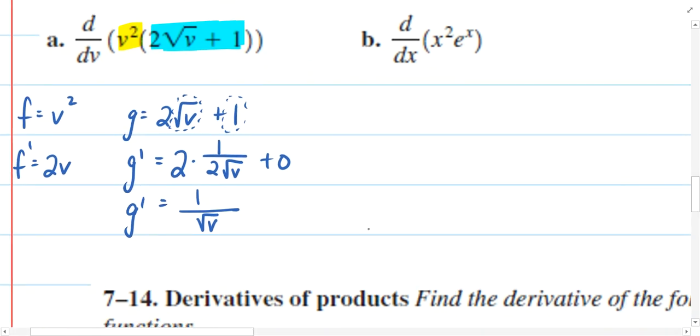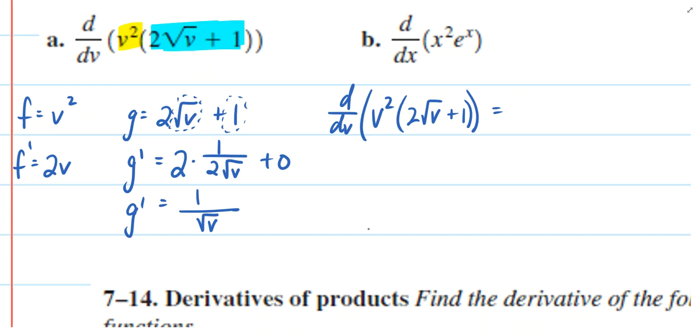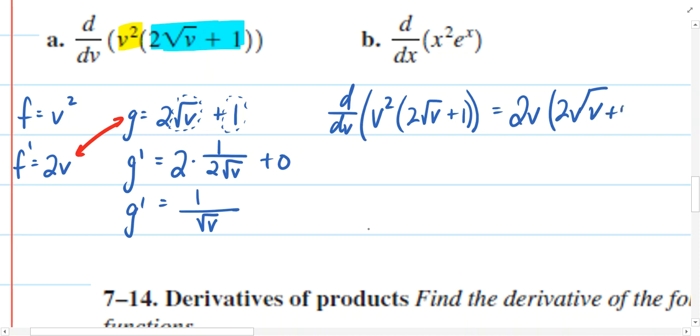So with those statements made, we can now find the derivative with respect to v of v squared times 2 radical v plus 1. And the derivative, again, requires the product across this diagonal multiplied first. So we could say 2v times 2 radical v plus 1.